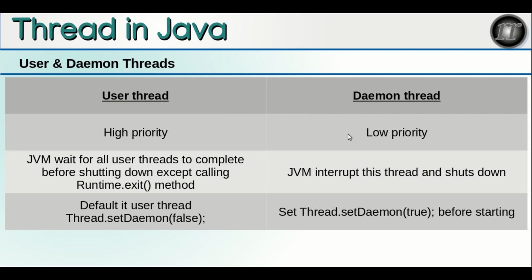And for daemon threads, whenever the main thread gets completed, that is, the main method of the Java application completes its execution, and there is a remaining daemon thread, then the daemon thread will be interrupted and will not be executed further, and the JVM will shut down.